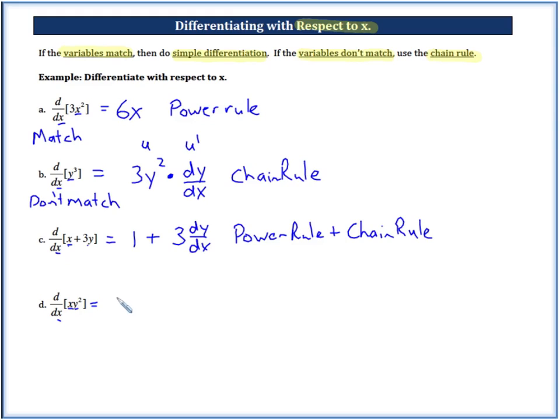So it's our first function, x, times the derivative of our second function, y squared, plus our second function, y squared, times the derivative of our first function. Now sometimes I'll just say derivative, but we really mean the derivative with respect to x in both of these cases. So that was the product rule.